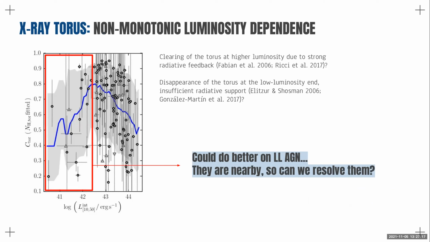These have been very short snapshot observations, but we now have multi-epoch data that will enable us to constrain this parameter better. Also, by definition, these low luminosity AGN have to be nearby, otherwise we wouldn't have the X-ray data to look at. So there's also a question whether we can perhaps resolve them spatially and constrain this physical scale.